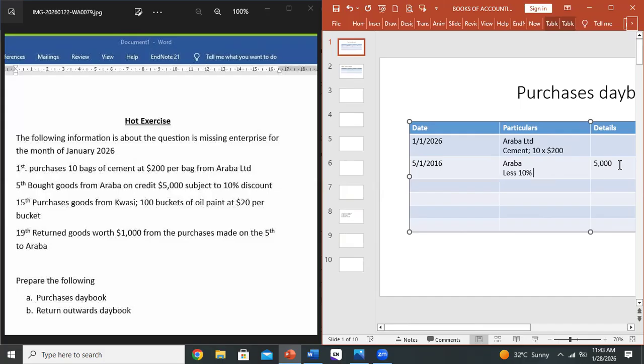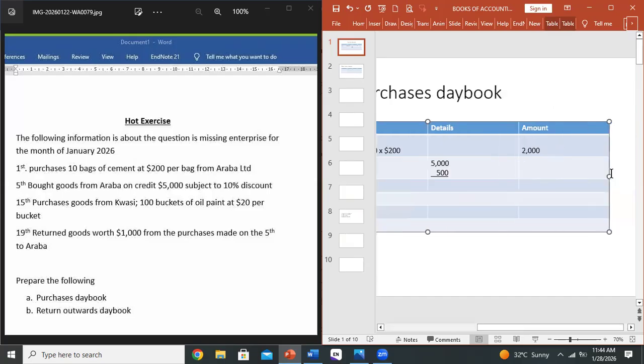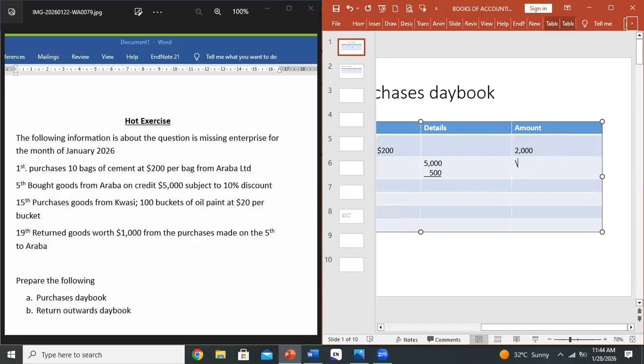And that should give us 10% of 5,000 is 500. So if we subtract, we'll now get the net figure, which goes under the amount column, 4,500. Very simple.